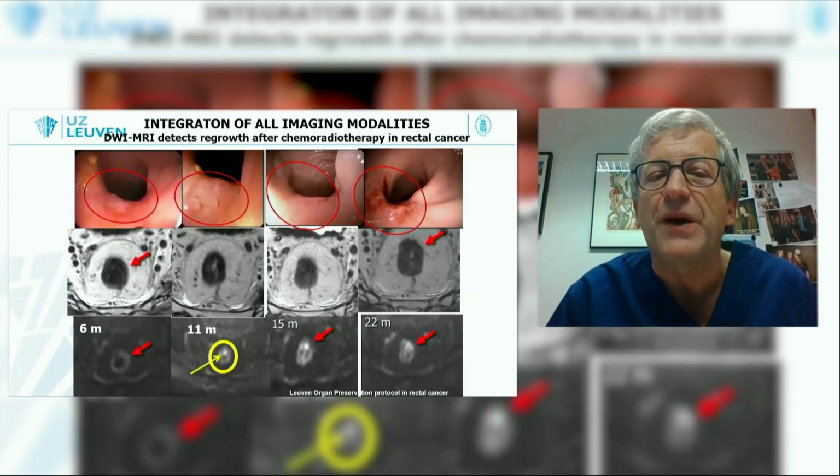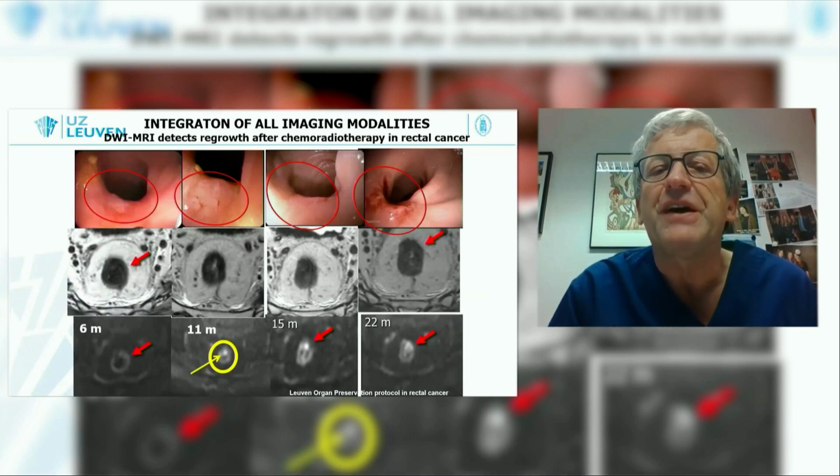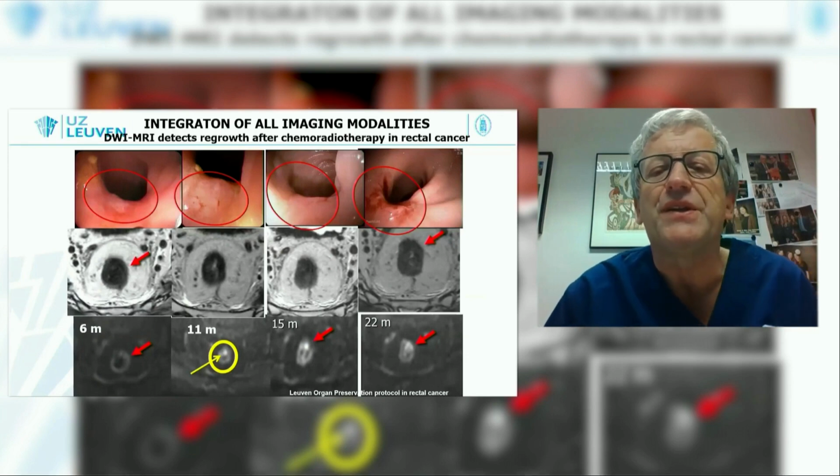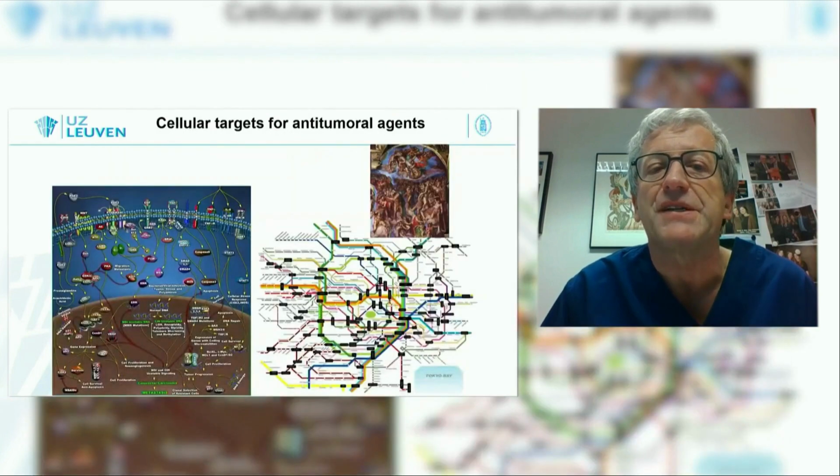Thorough, in-depth endoscopic evaluation and correlation with MRI, with nuclear medicine, with MRI diffusion-weighted imaging is crucial in order to come to a decision: do we maintain a watch and wait attitude in this patient with an organ-saving strategy, or do we go for total mesorectal excision or other rectal cancer surgery options for these patients?